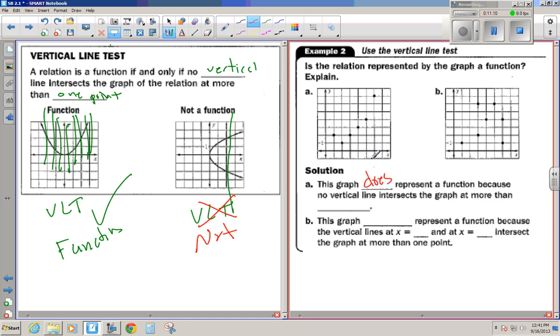This graph does represent a function because no vertical line intersects the graph at more than 1 point. Right here, one vertical line.